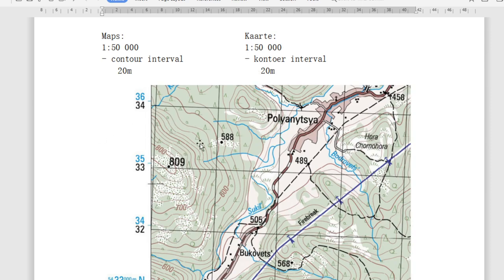So this is block A1. Okay, so if I ask you in what block is this height, then you say in A1. Okay, so dit is in blok A1, B1, C1 enzovoorts.